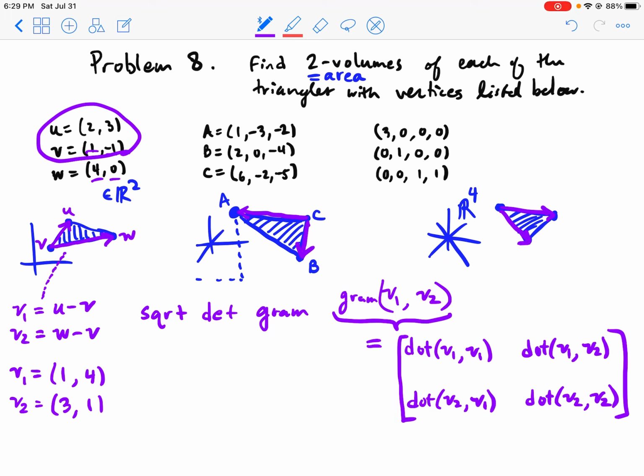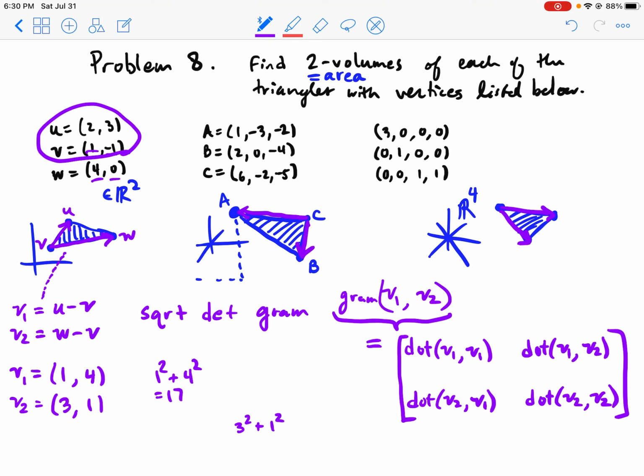Okay, so then I just compute these dot products. The dot product of V1 with itself will be 1 squared plus 4 squared. What is that? 16, 17, okay. The dot product of V2 with itself will be 3 squared plus 1 squared.